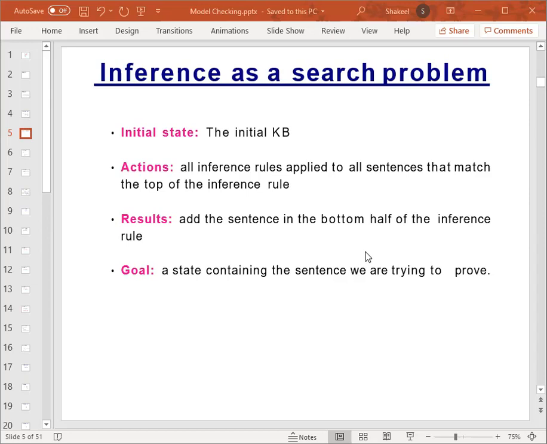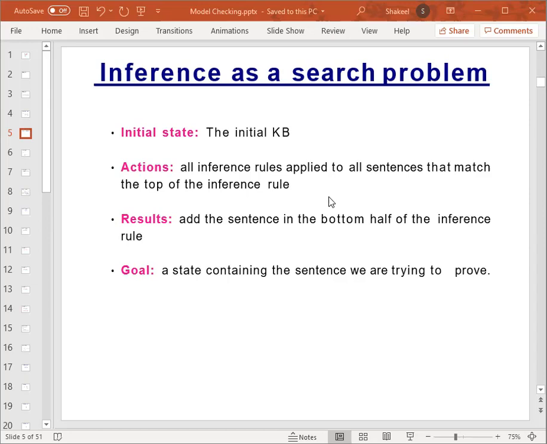The way to formalize that is to use an initial state in which we use the knowledge base, the set of rules R1 through R5 that I had before. The actions would be all the inference rules applied to all sentences that match the top of the inference rules, also called the premise. Each inference rule has a premise and a conclusion.